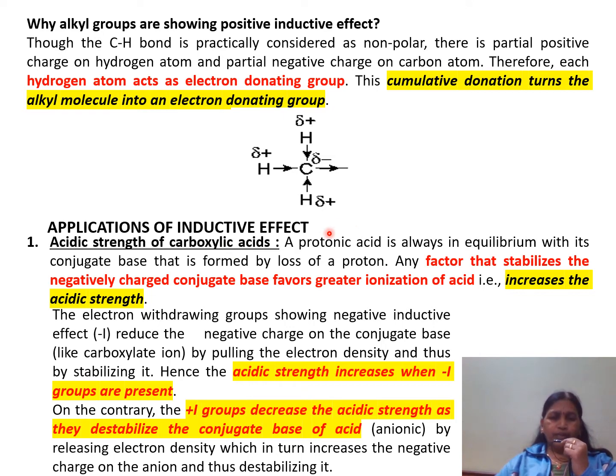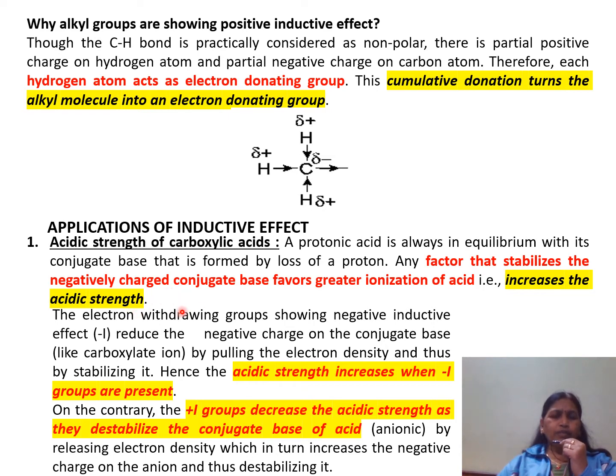The carboxylate ion is the conjugate base. A protonic acid is always in equilibrium with its conjugate base. The protonic acid is RCOOH. Its conjugate base is RCOO negative. How is it formed? By the loss of H positive. Any factor that stabilizes the negatively charged conjugate base RCOO negative favors greater ionization of the acid, that is, increases the acid strength.